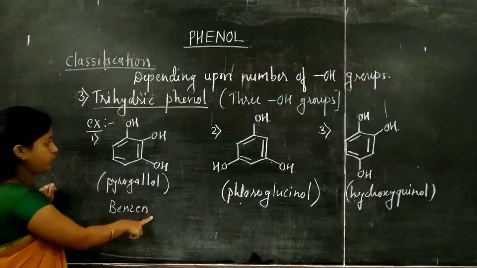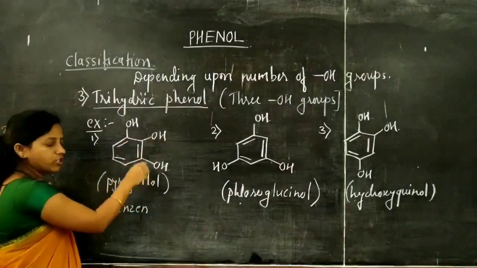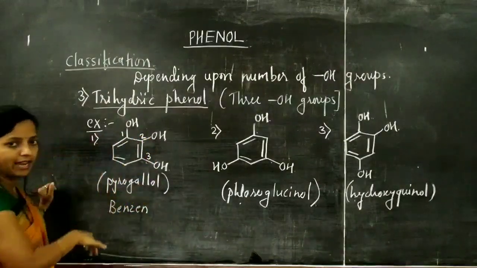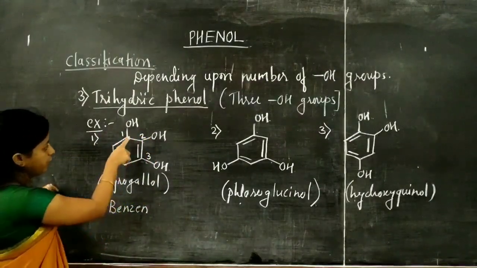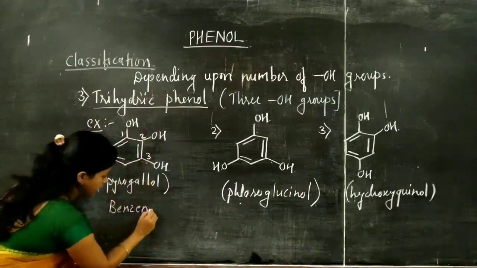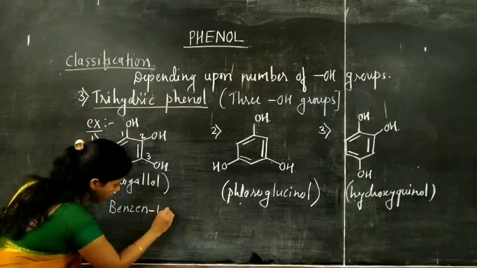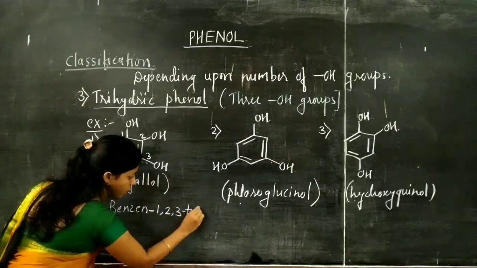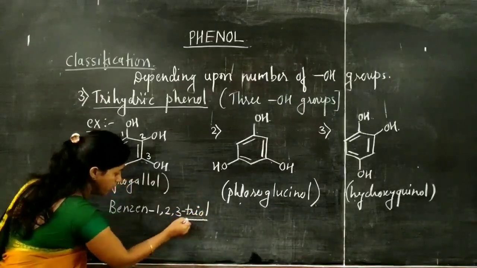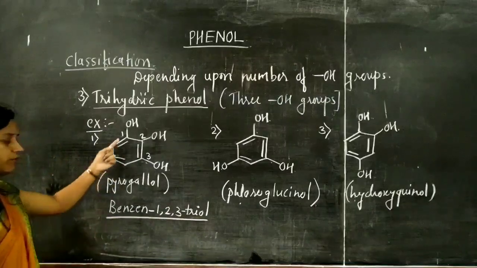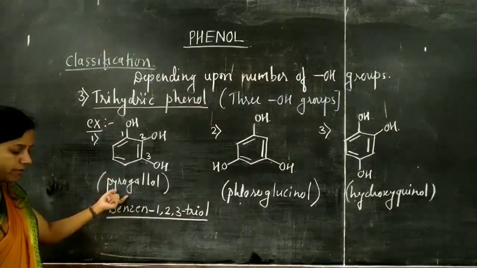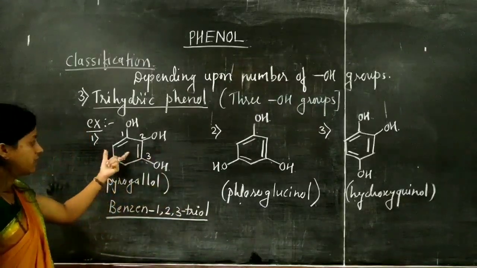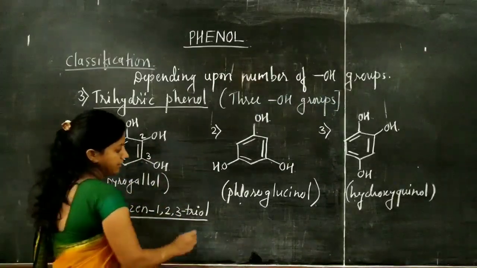We remove E, and there are 3 OH groups, so we have to give their positions, in a similar way as we saw for dihydric phenol: 1, 2, 3, using hyphen, comma. It is triol, 3 OH groups. Pyrogallol is the common name, benzene 1,2,3-triol is the IUPAC name of this trihydric phenol.